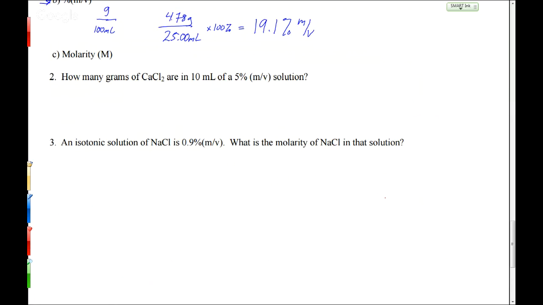So that's 4.78 divided by 25 times 100%, which is 19.1%. And that's percent mass by volume. So it's just like the mass percent, but you do it with volume on the bottom. All right, so where that gets tricky is in these next couple. So let's go through these together.